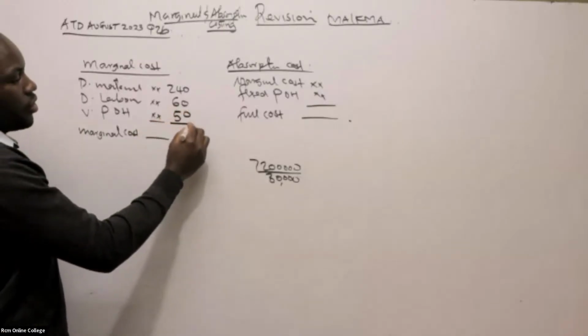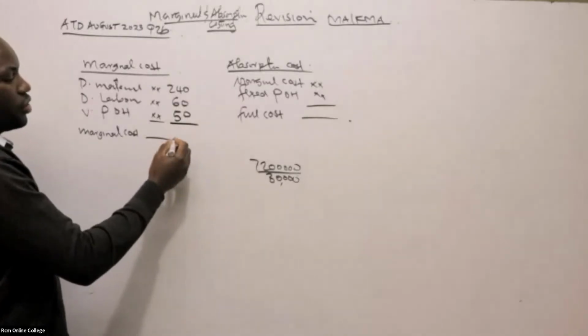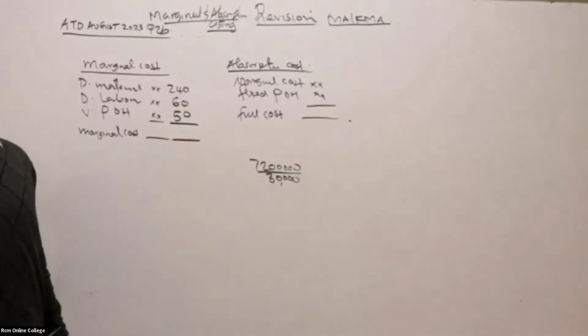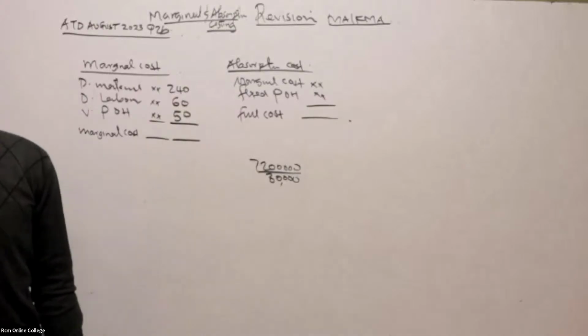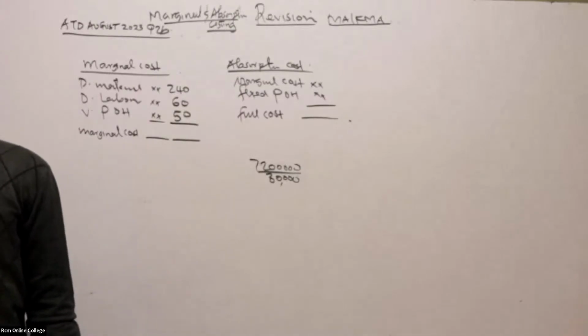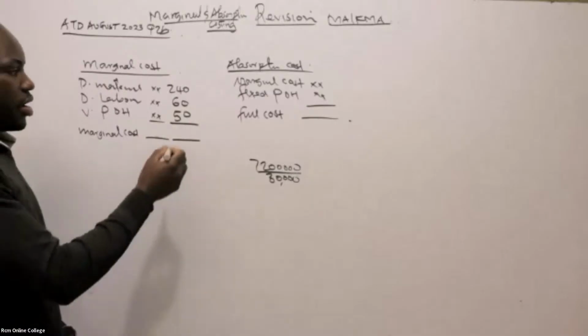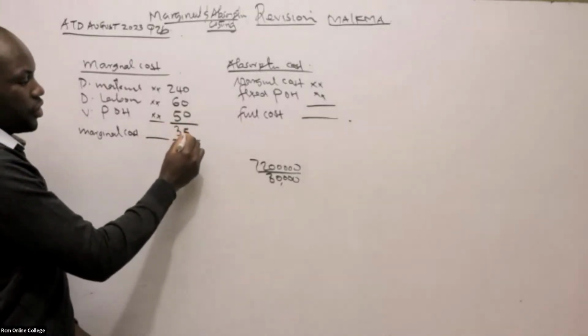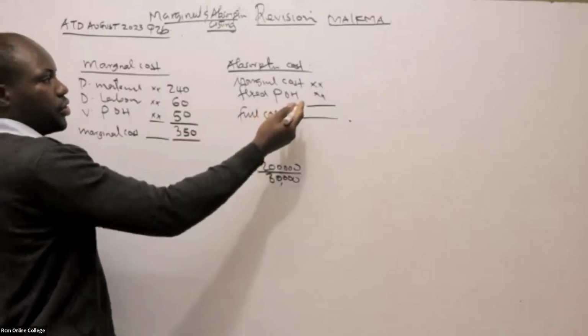So when you add all the three, you'll be getting what you call marginal cost. What is our marginal cost? 350.